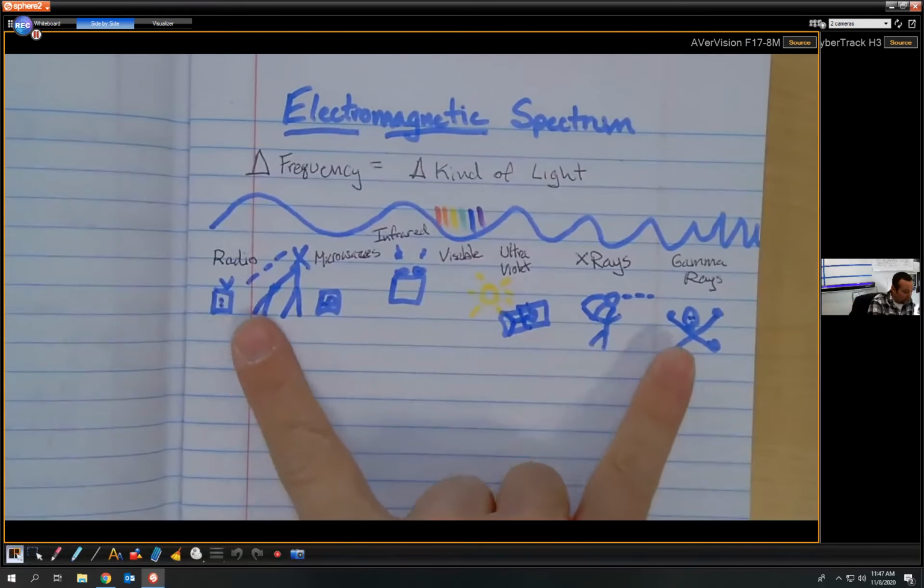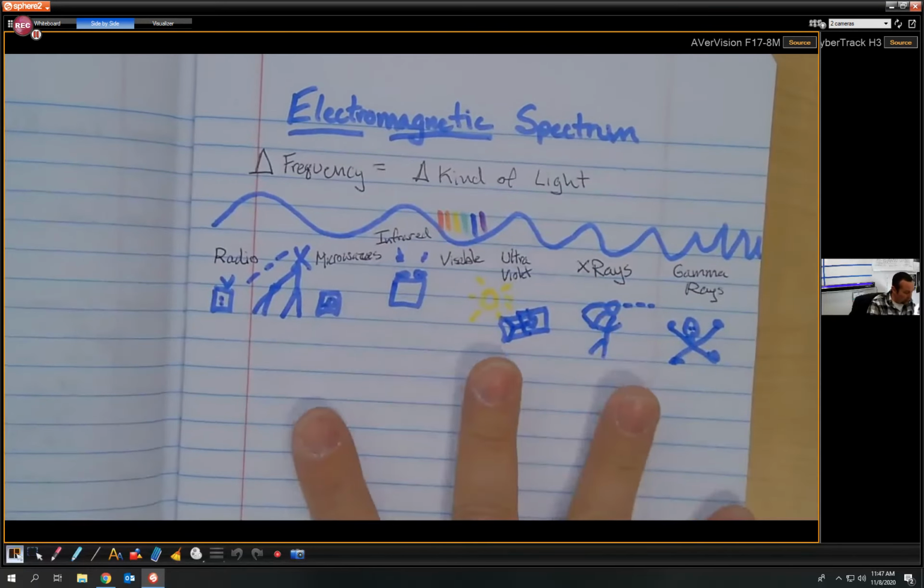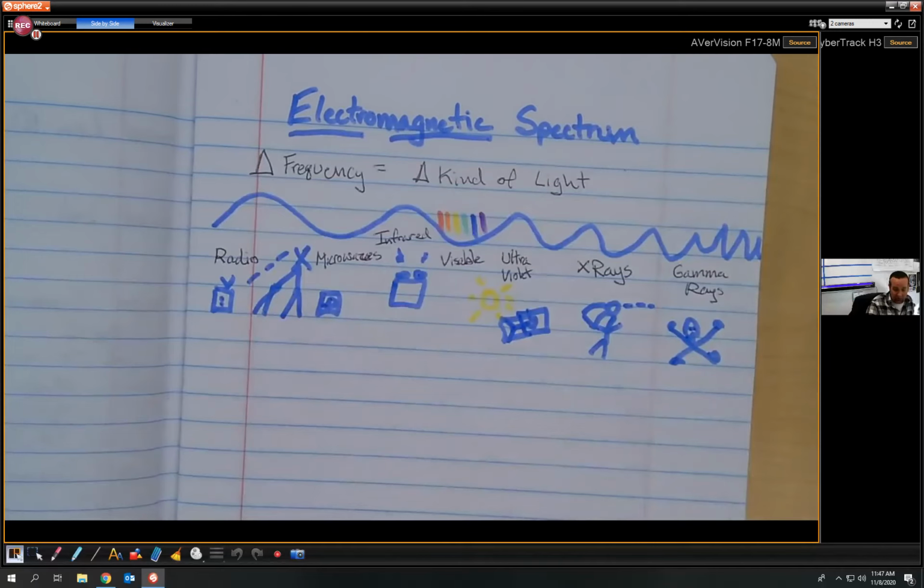The sun releases all of this all of the time, continually and constantly. Some of it will actually penetrate our bodies, some of it will bounce off of our bodies, and some of it will be absorbed by our bodies.